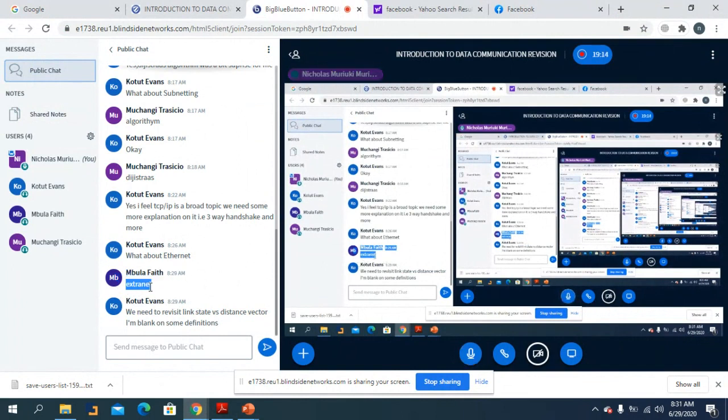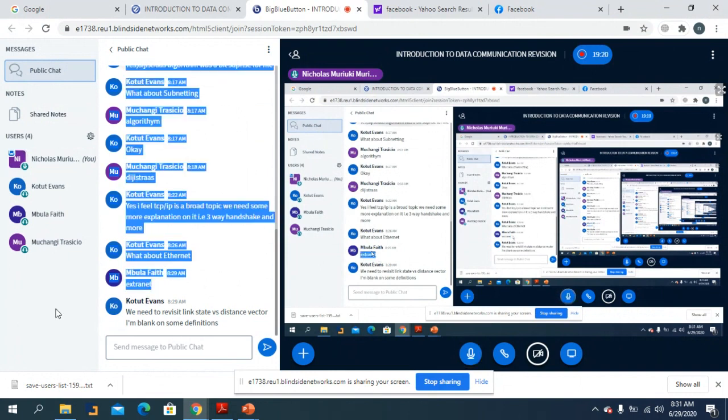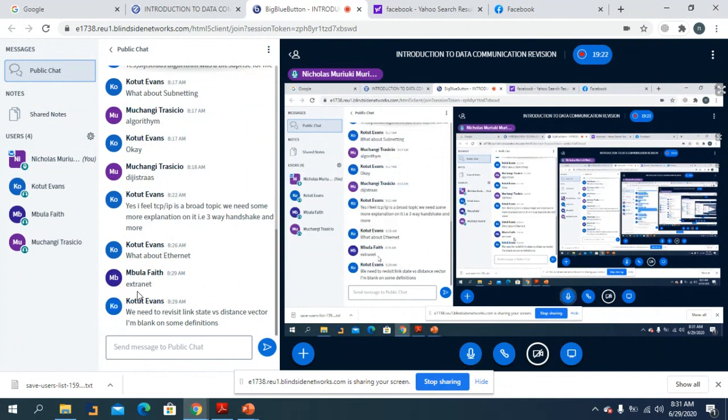For this one, it is covered in the introduction. I did not cover that because I was given this unit when you had already started the class. I would suggest that in the introduction we are tackling today, we look at extranets.